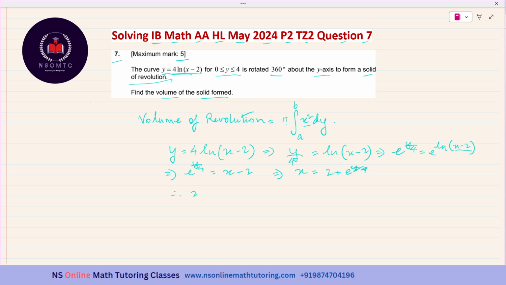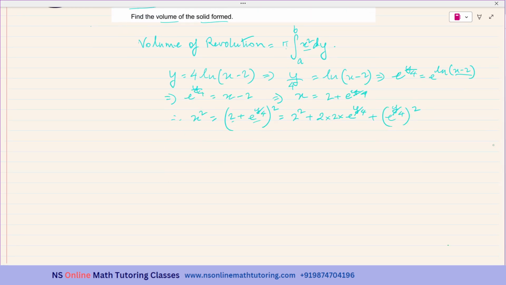Okay. So therefore we need the x squared expression. x squared equal to (2 plus e to the power of y over 4) whole squared. I'll be using the (a plus b) whole squared formula, which is a squared plus 2ab plus b squared. So a is 2 and b is e to the power of y over 4. So it is 2 squared plus 2 times 2 times e to the power of y over 4 plus e to the power of y over 4 whole squared.